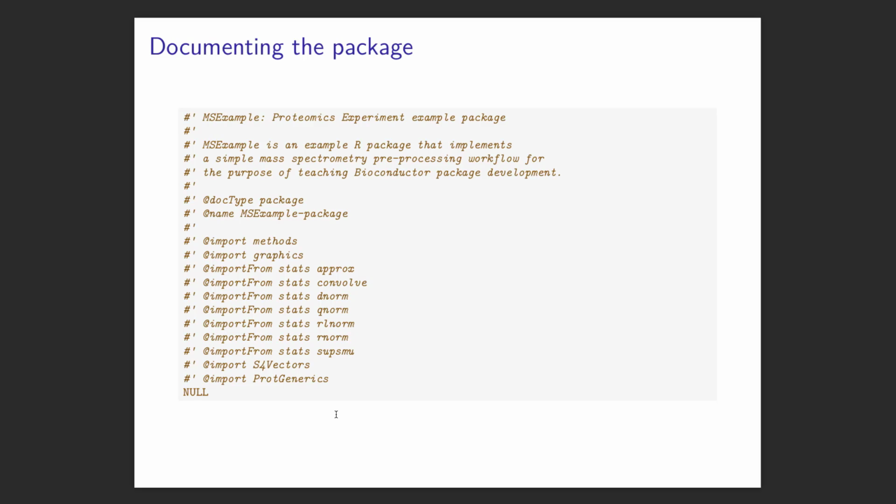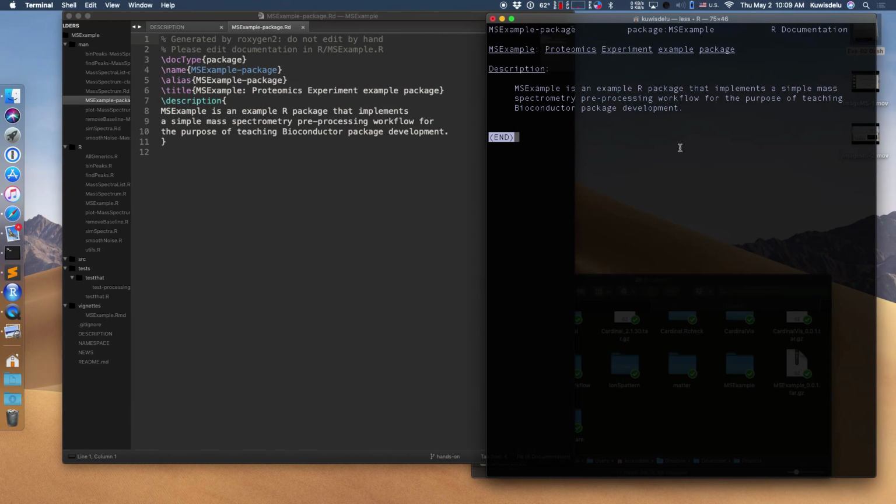So if you want to create a help page or manage your namespace, obviously there's no exact function that directly corresponds to that, so you just document NULL and put all of these code comments above NULL. You can see this is my documentation that ends up going into the help page that you get when you type question mark MSExample-package.